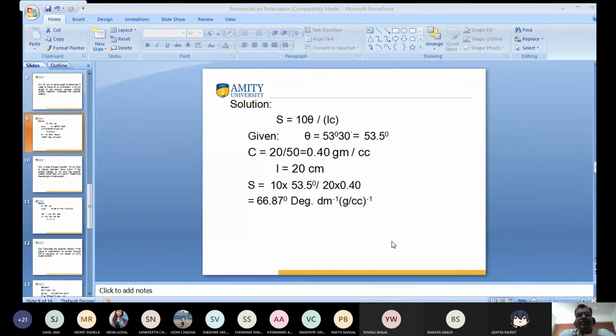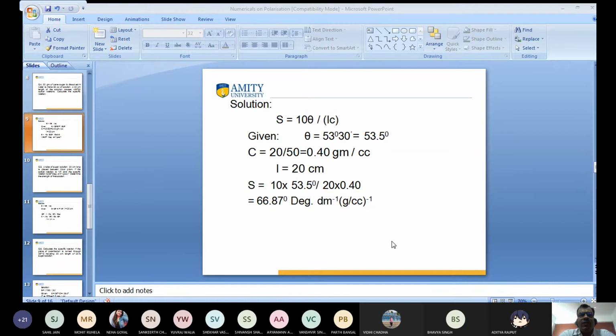Can you check your answer? Vidhi, what is the answer? 66.25. Sir, I did calculation mistake. So why are you making a mistake? Repeat your calculation. Tell me where the problem is. Do you get my formula?